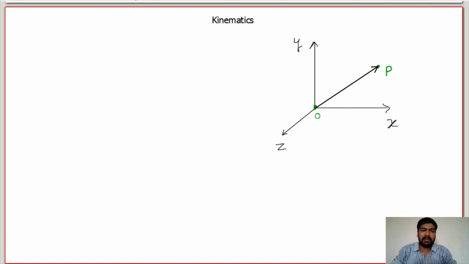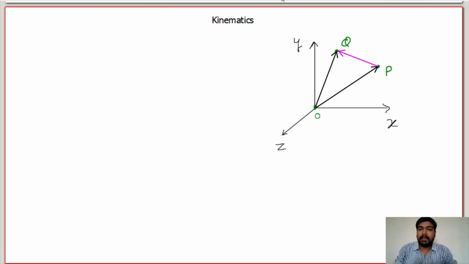Suppose take one example like this. The body has traveled from point P to Q. So this pink one is the amount of displacement done by the body.